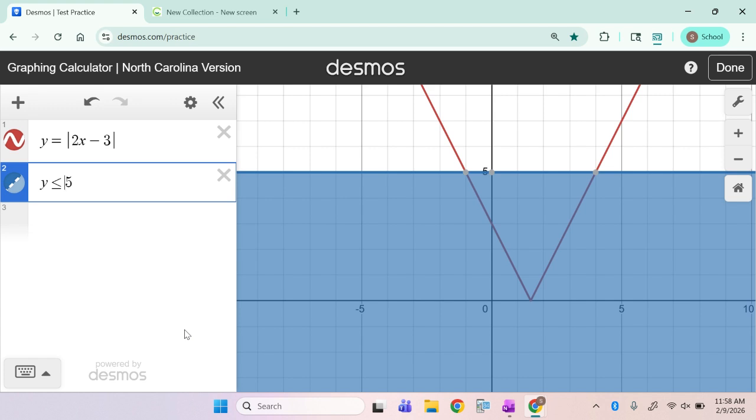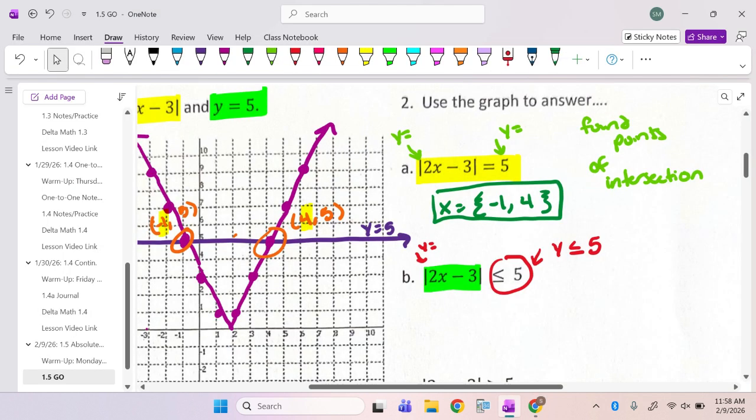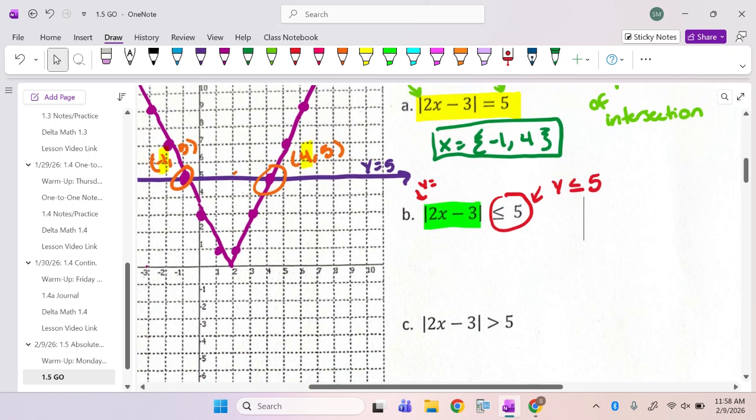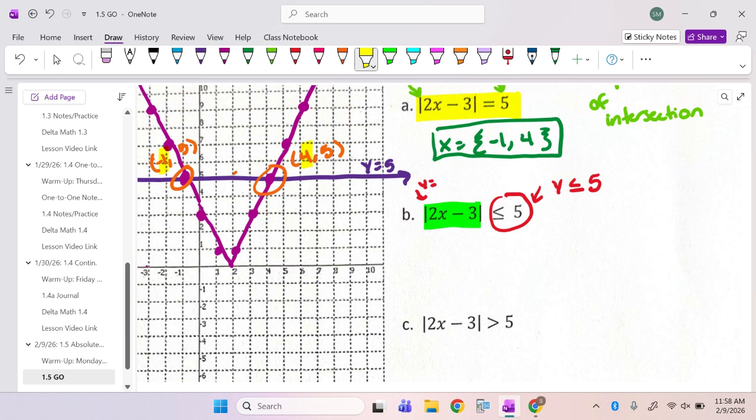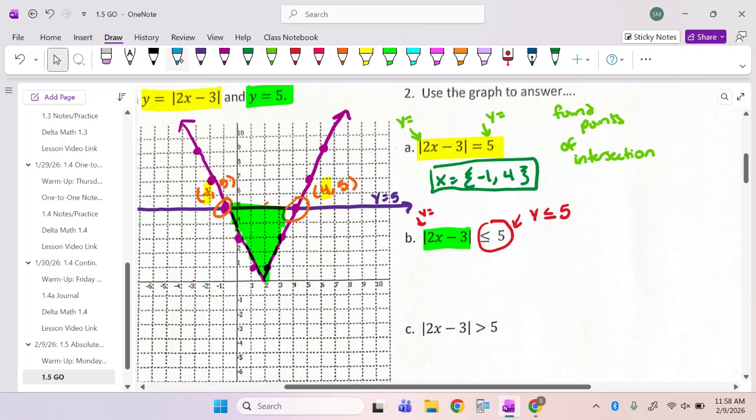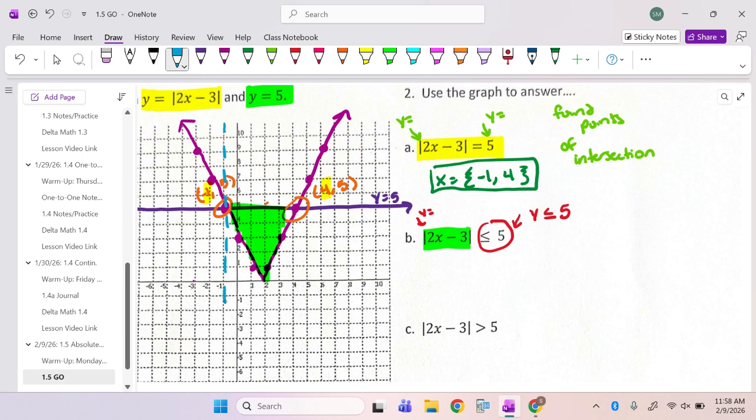Are the x values going in opposite directions of the two numbers, or are they in between the two numbers? They're in between. So how do you think we would write that? What we did is we shaded beneath, and we're looking at the x values right here, where our graph is between those two lines.